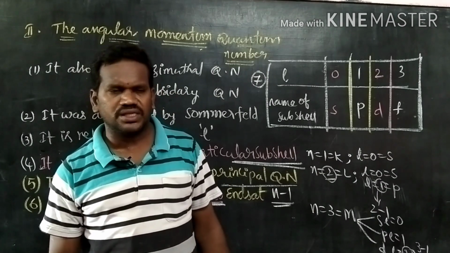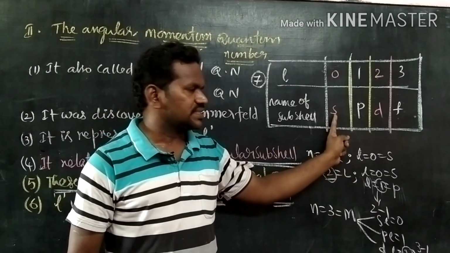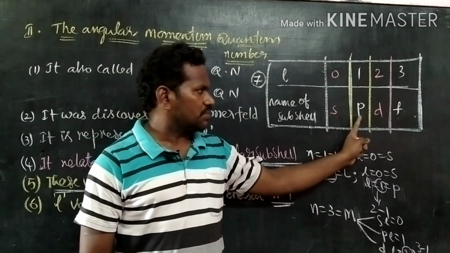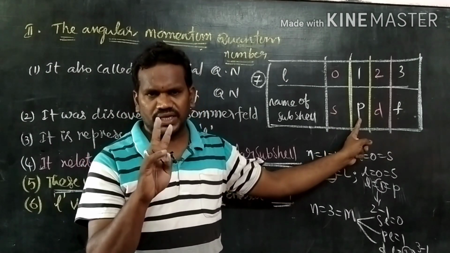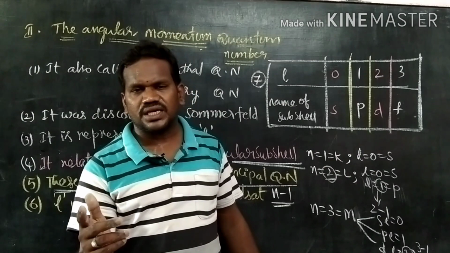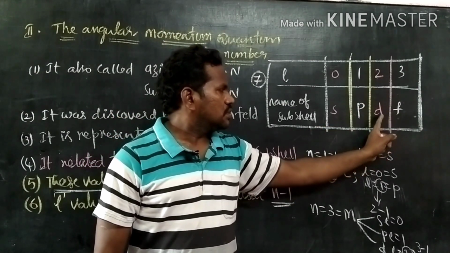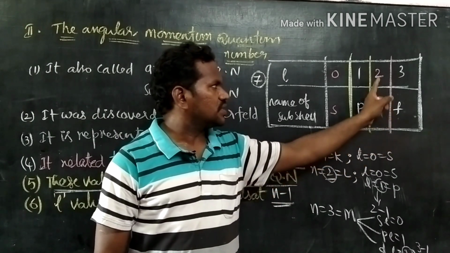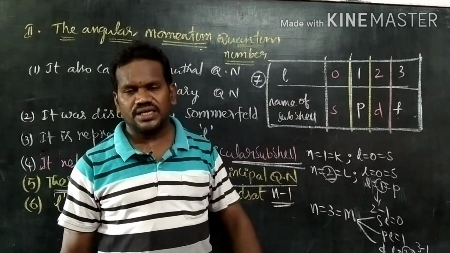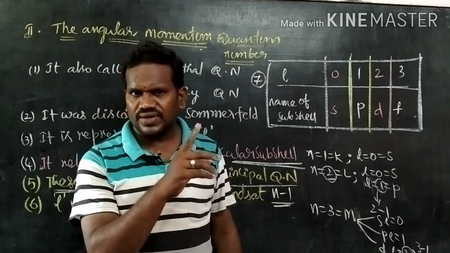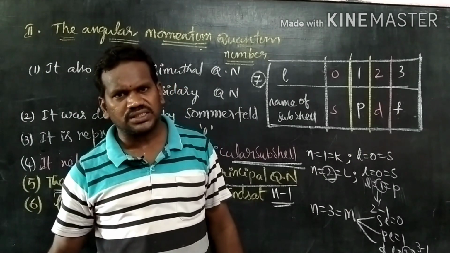We should remember one thing. Sublevel S starts from main level 1, sublevel P starts from main level 2 and is represented as 2P. Sublevel D starts from main level 3, represented as 3D. If the sublevel S is in main level 1, it is called 1S.